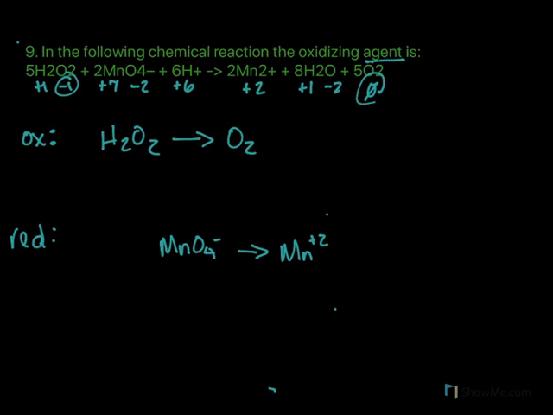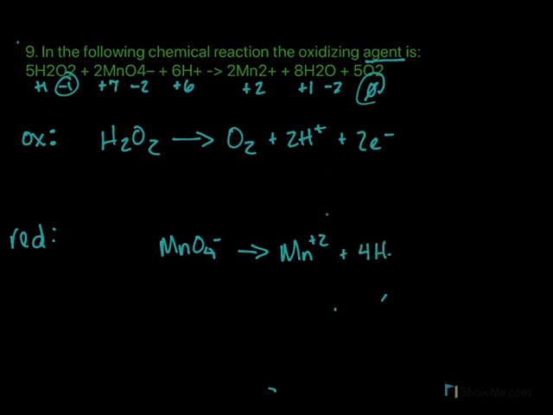So here we want to even out both sides of our equation, so we'll add 2 hydrogens, which adds 2 positive charges. So now we have a +2 charge here, and we have a 0 on this side. So we will add 2 electrons to cancel out that charge. So now, for our permanganate, we've got 4 oxygens on this side. Our manganese is fine, but we've got 4 oxygens on this side.